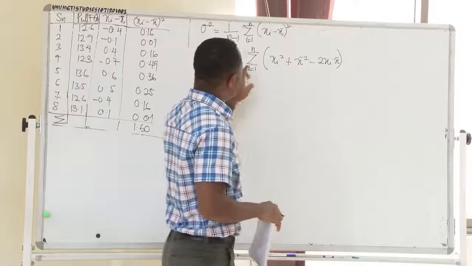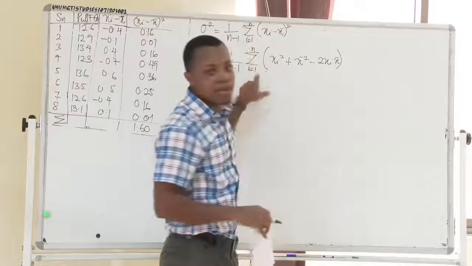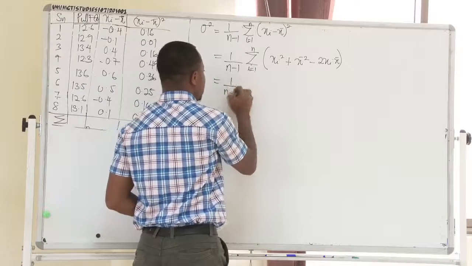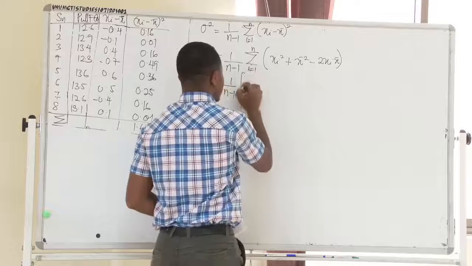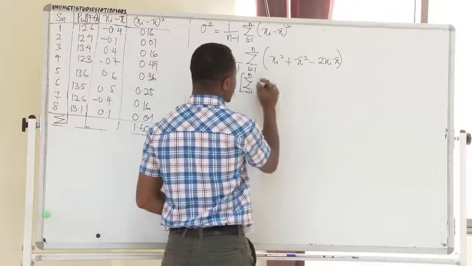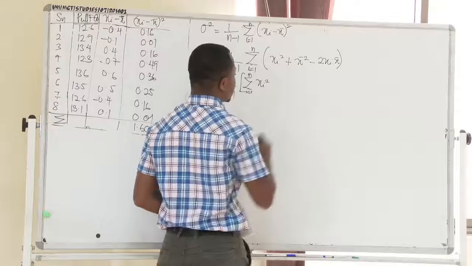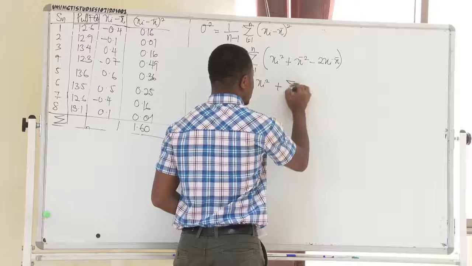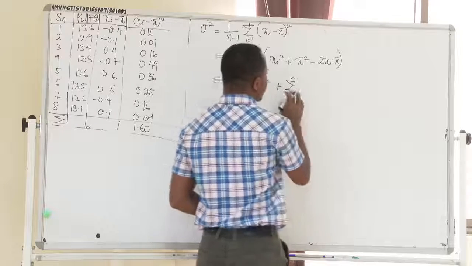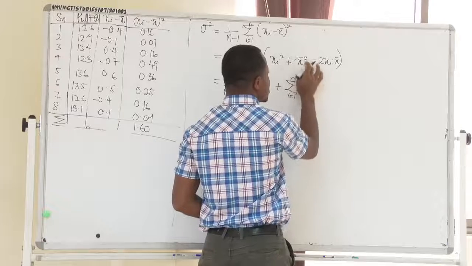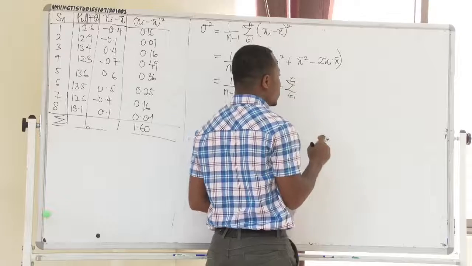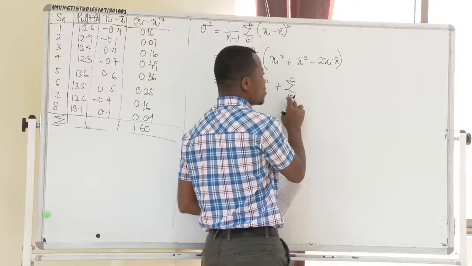Now, let's try to multiply through by this summation symbol that we have. So this will go 1 over n minus 1, then summation i equal to 1 to n. So the first term will be xi squared, plus summation 1 to n of x bar squared. Then remember, because this is a constant, if you are trying to sum all this, it's kind of not possible because we don't have that iterative element in there.